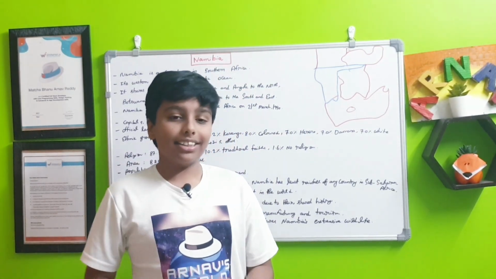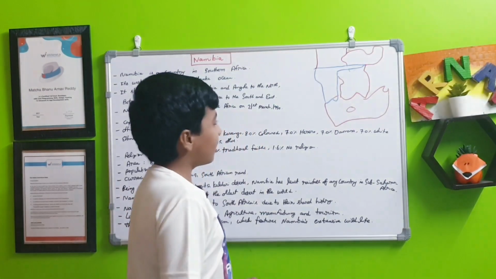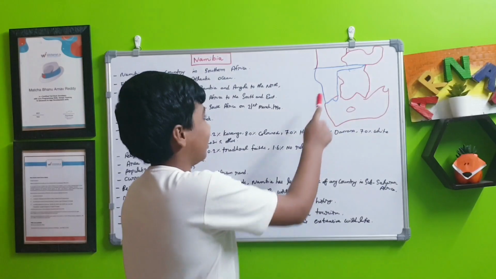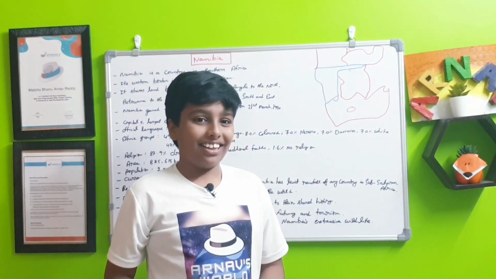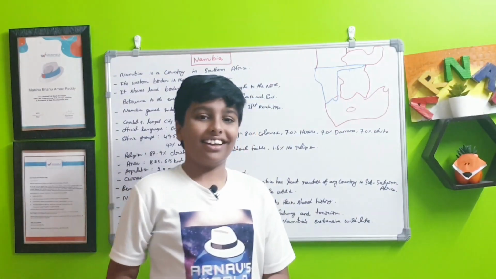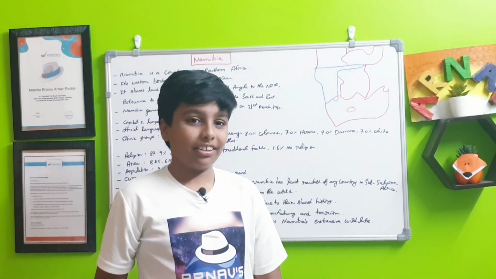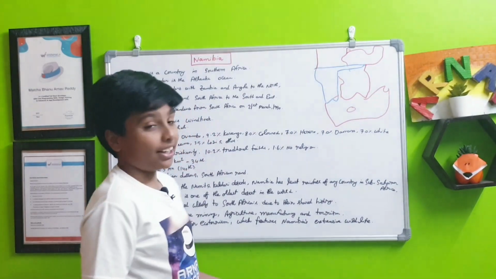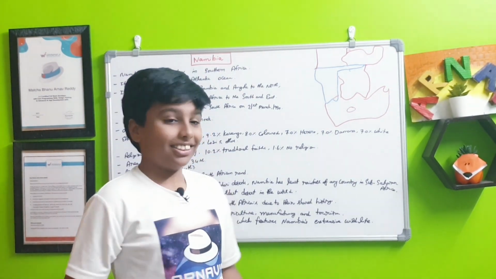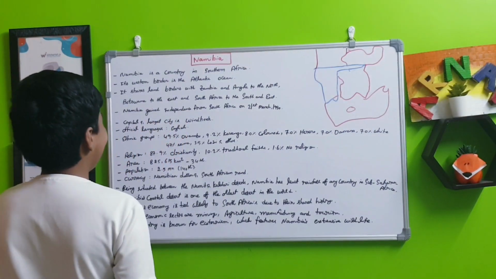Next in 1961, South Africa got its own independence from the British. Then they got Namibia too, as a bonus. And finally in 1990, at the end of the apartheid period of South Africa, the Namibians got independence.